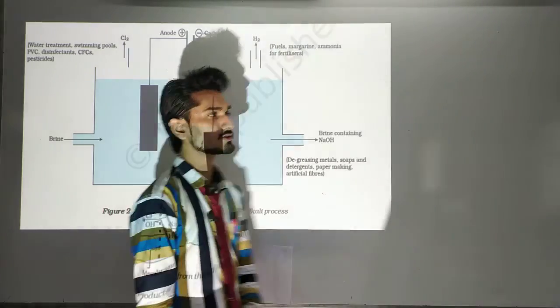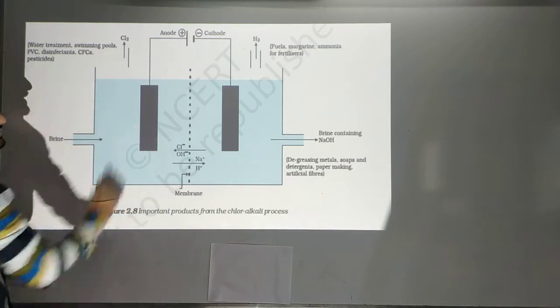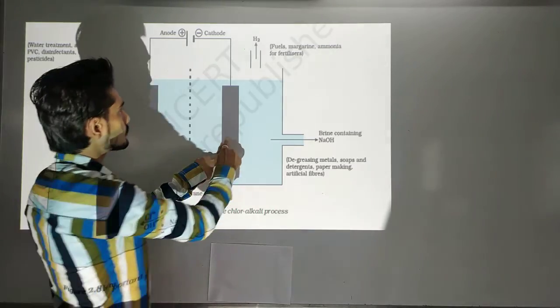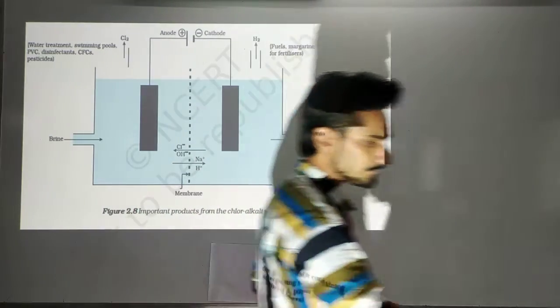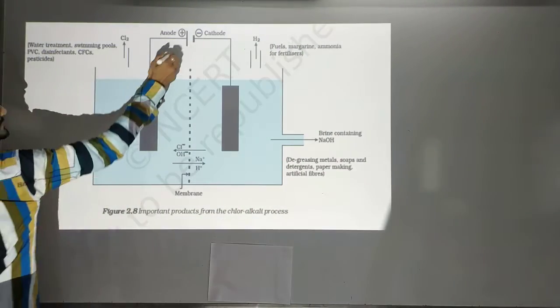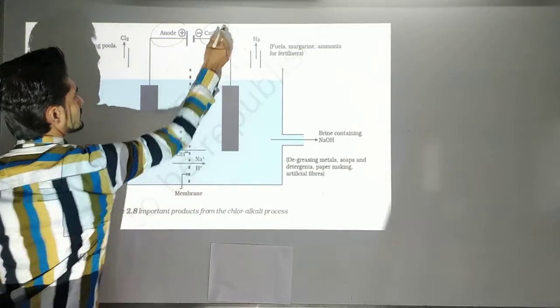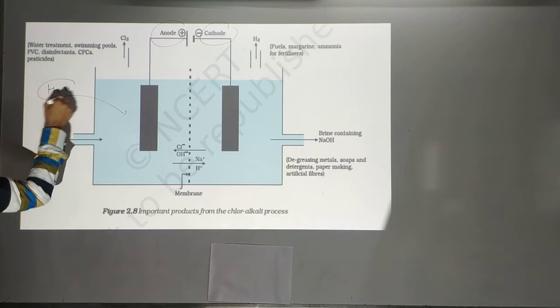The rod I attach to the positive will be called the anode, and the rod I attach to the negative will be called the cathode. If you can see it here, it is the anode and it is the cathode, and the water I have taken here is H2O.